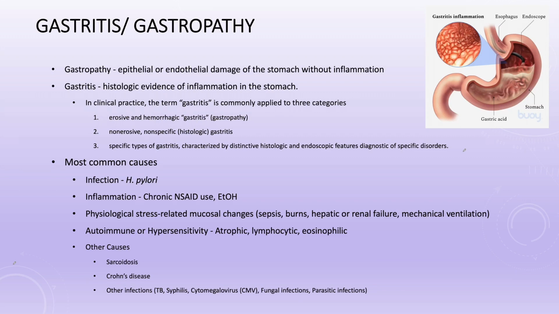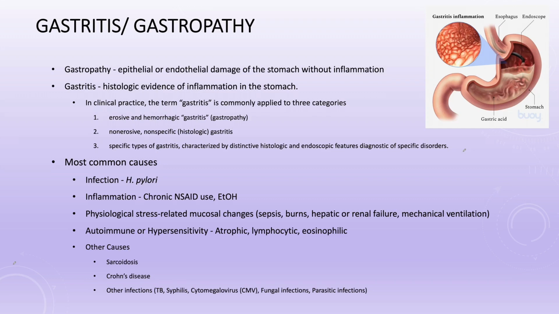Overall, you'll see this recurring theme between GERD, dyspepsia, gastritis, and peptic ulcer disease. The same culprits over and over and over again. So gastritis can be caused by infection, like H. pylori, by inflammation, chronic NSAID use, alcohol, physiological stress, so patients that are under high stress in the ICU with sepsis, burns, renal or hepatic failure, or that are intubated.